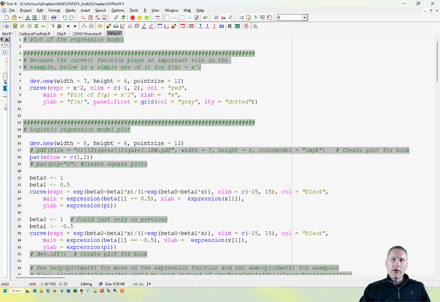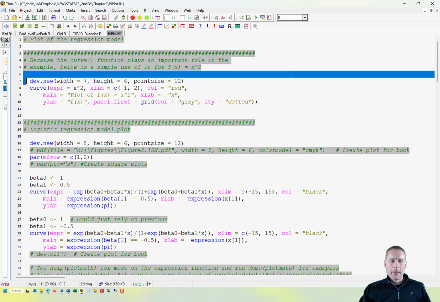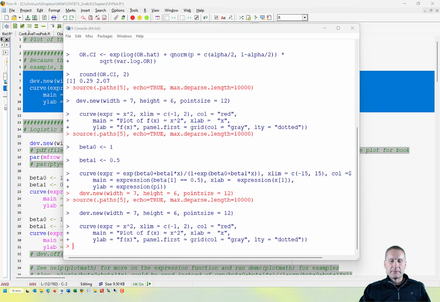And so what R is going to do by default is evaluate x squared at 101 evenly spaced values between -1 and 2, and then plot it and connect the points with a line. I'm going to make the line color red, put a title on my plot, put some grid lines on it. And so this is what I get.